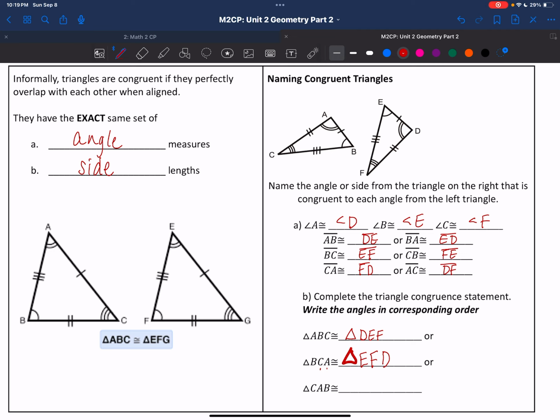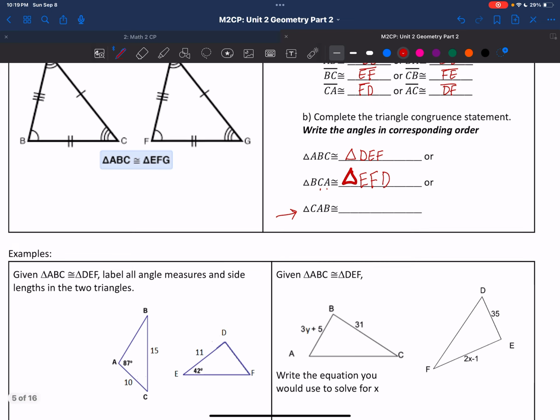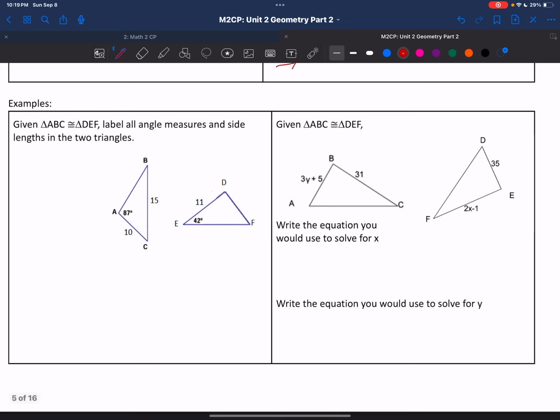So what you're going to try is you're going to write a congruency statement here. And then we're going to move on to some examples where we are able to do the measures. So let's go ahead and start labeling everything. So we know that this is very important information here, and I'll highlight it for you.